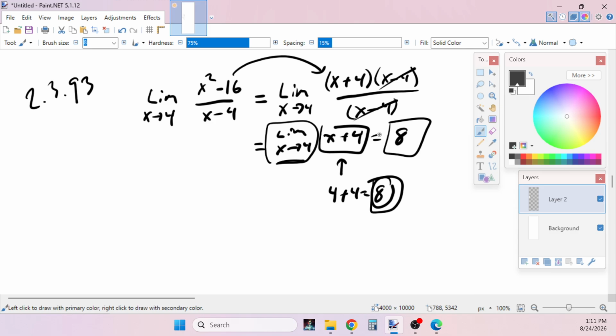Not all functions are continuous. Most functions are not continuous. But here are some really nice functions that are continuous. Linear functions are continuous. Polynomial functions are continuous. Trigonometric functions are continuous where they are defined. Exponential functions.